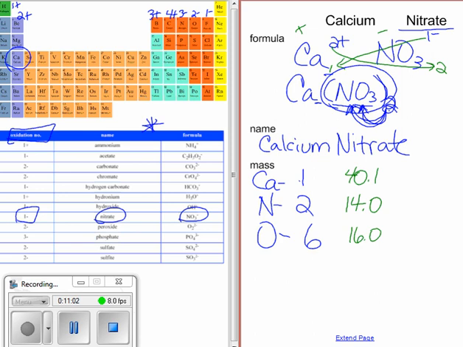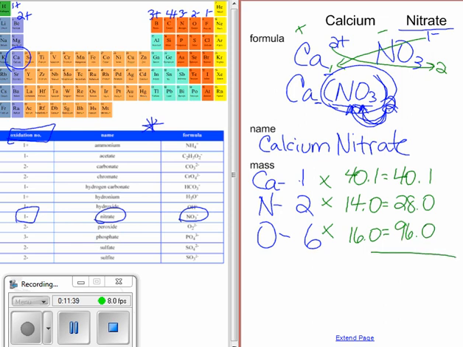Now we have to take into account how many of each I have, so we're going to multiply them. If you want to get your calculator out, hopefully you don't need it for the first one. I have 40.1. That's the total mass of the calcium in calcium nitrate. I have 28.0 for nitrogen. And then I have 16 times 6, which would be 96.0 for the oxygen.